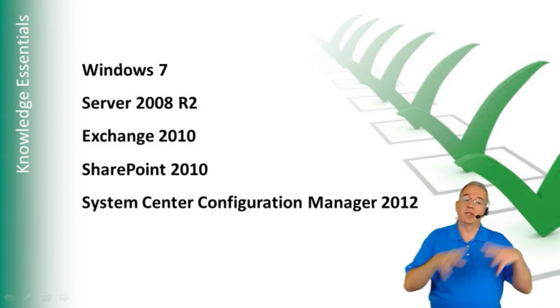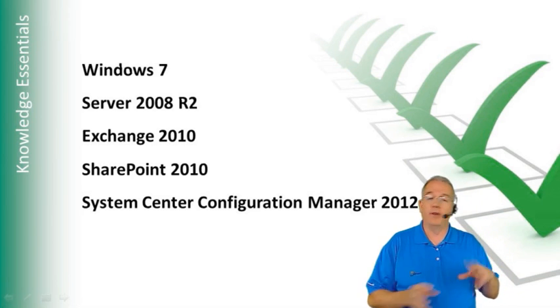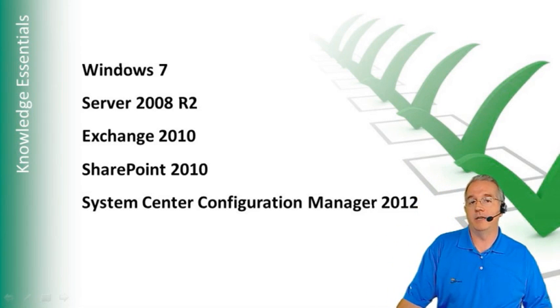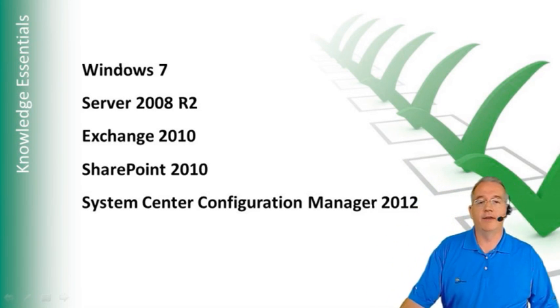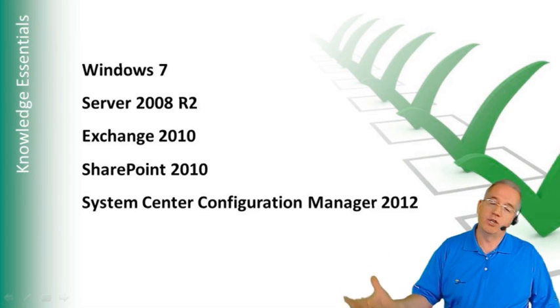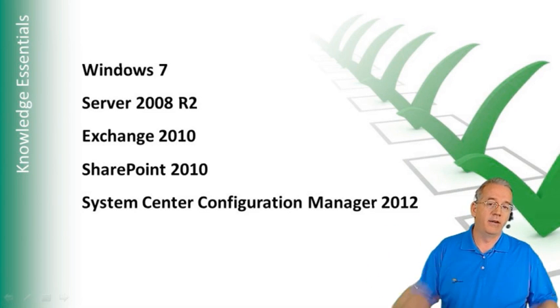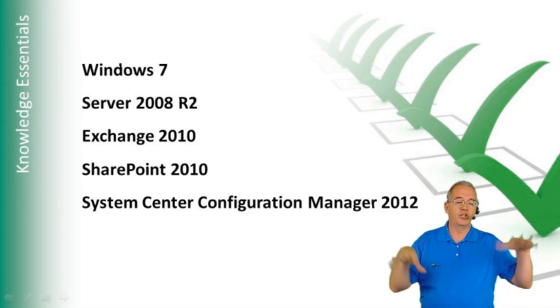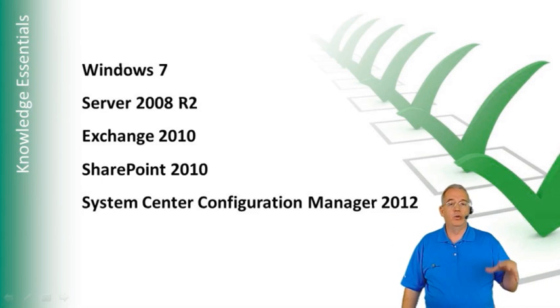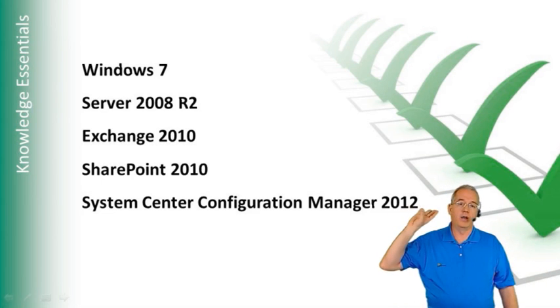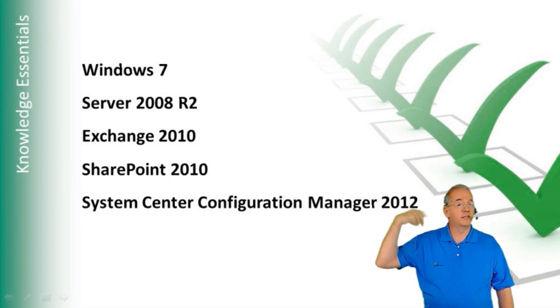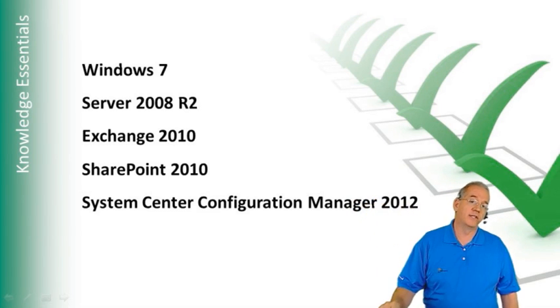MCITP is specific to 2008 R2, and there's specialties. Like you can have MCITP for Exchange. You can have MCITP for SharePoint. It's a little bit different. Microsoft certifications are changing a little bit, but if you want MCITP, you go through all of our 2008 classes, plus you need to go through and do the client, which would be Windows 7.